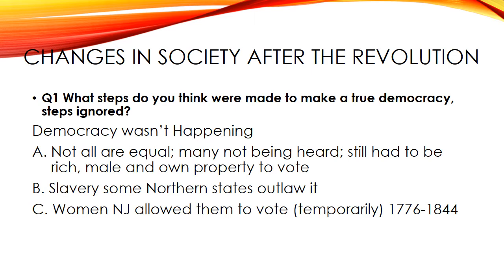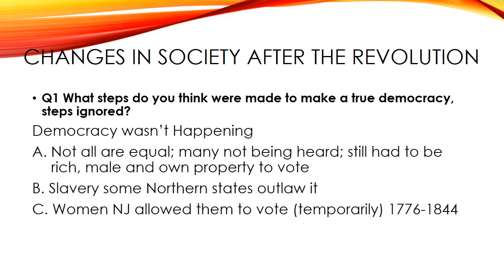Now, there are some pieces that are starting to grow towards democracy. One is that slavery actually was becoming outlawed in some of the northern states. All right, so that's a huge, huge movement. And another thing is actually in New Jersey.